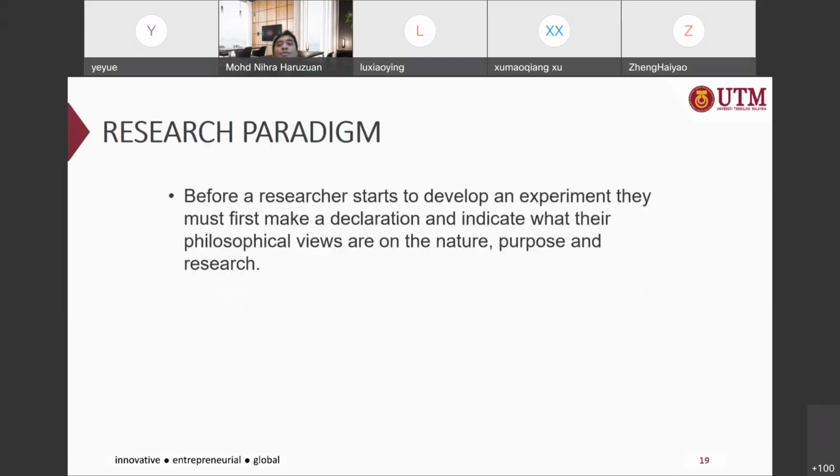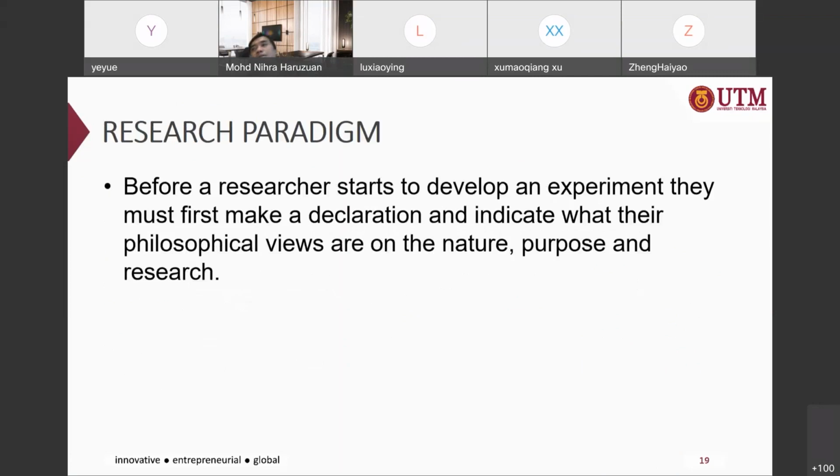So when you start your research, before that, you need to develop. The researchers need to start developing an experiment. They must first make a declaration. They must first indicate what their philosophical views are on the nature of the investigation of the research.